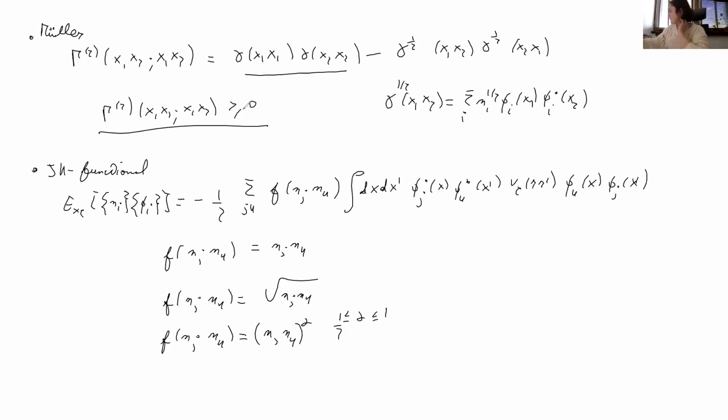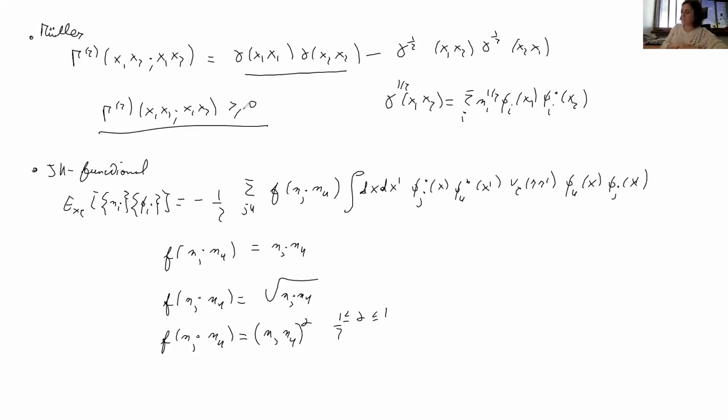So, no more questions for the time being. I don't want to spend so much time on the functional. Of course, once you have this, you can do many corrections to it. But as I said, I will stick to the JK functional.